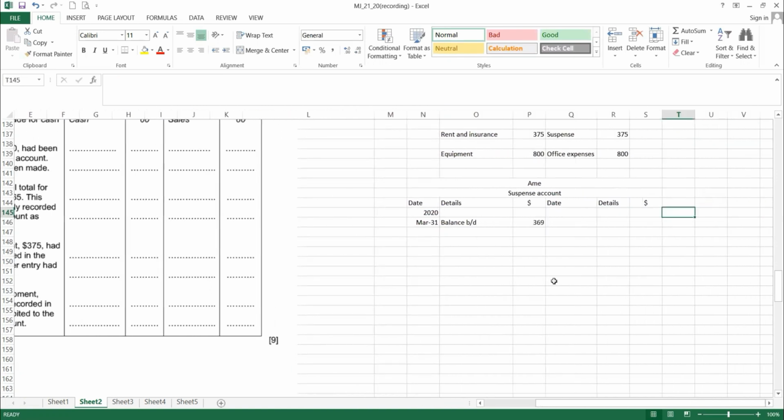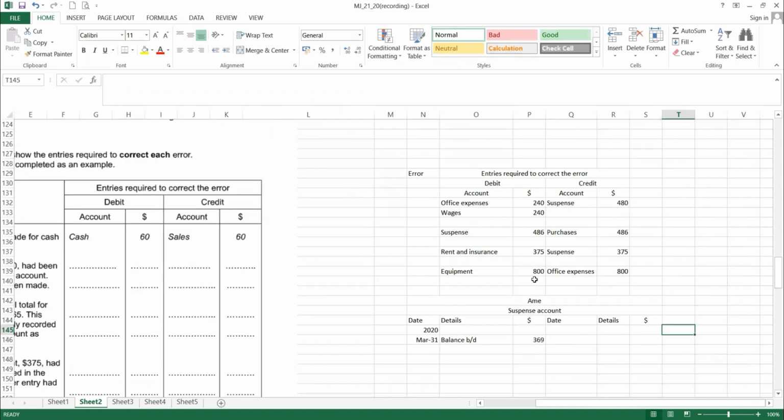Okay, the next thing, debit and credit, because we already done this account. If you saw the suspense, you put it in. This one in the credit side, so you put into the credit side. The date is all the last date.